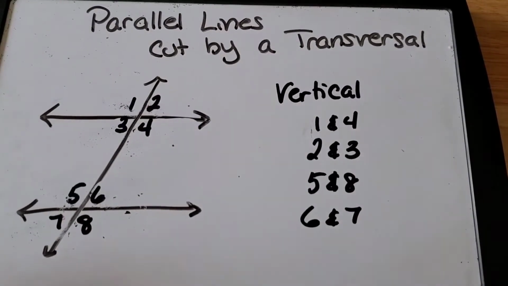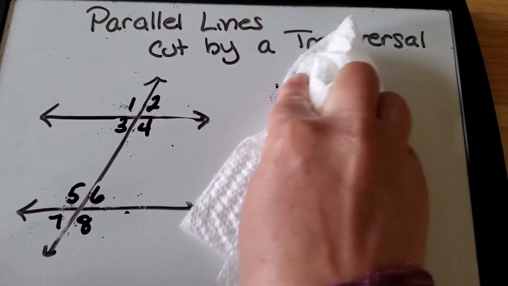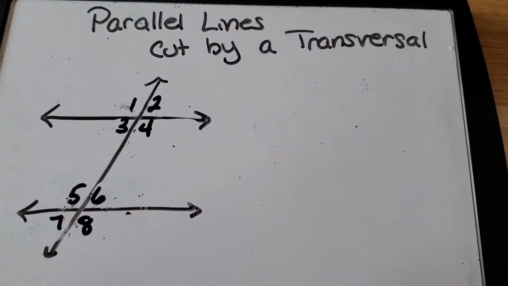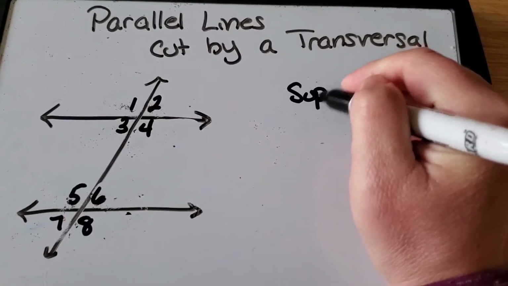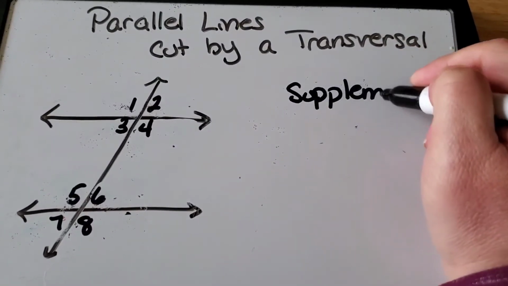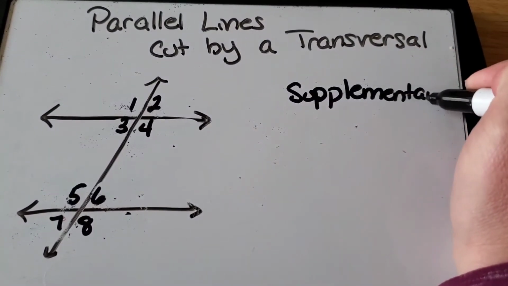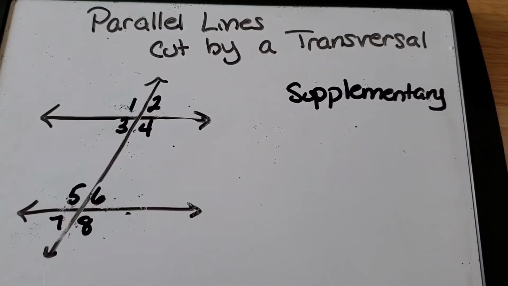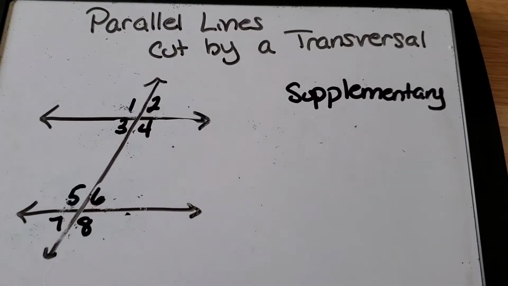Let's see how you do with supplementary angles. Supplementary angles are those angles that add up to be 180 degrees. So pause the video, see if you can name the supplementary angles. Okay, now there's so many possible answers that you could have here that I couldn't possibly go over them all.